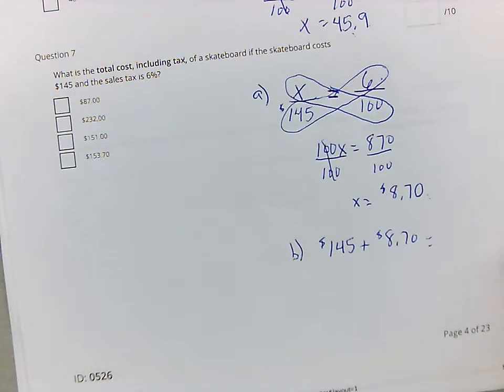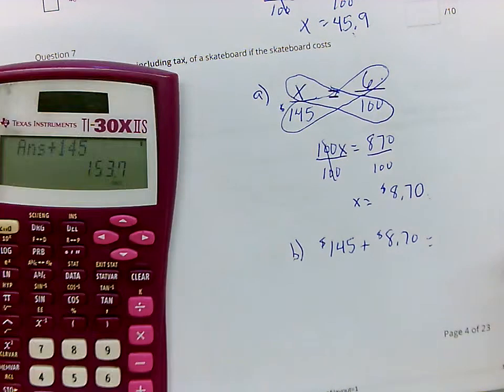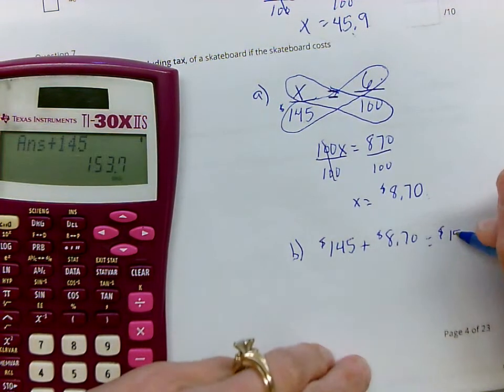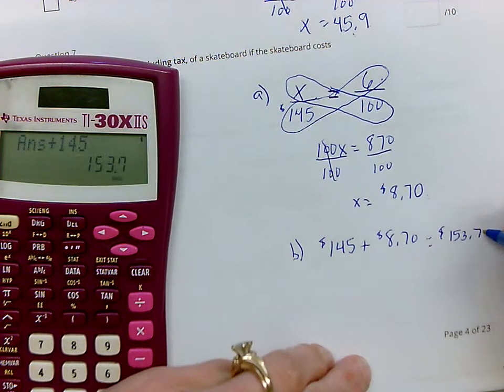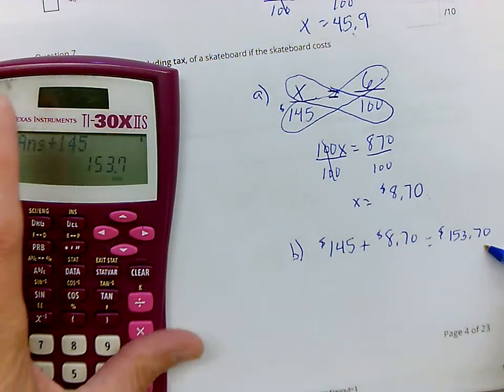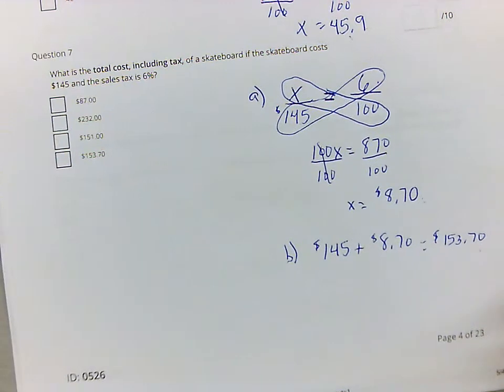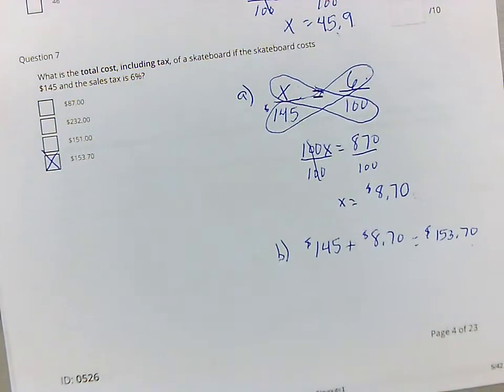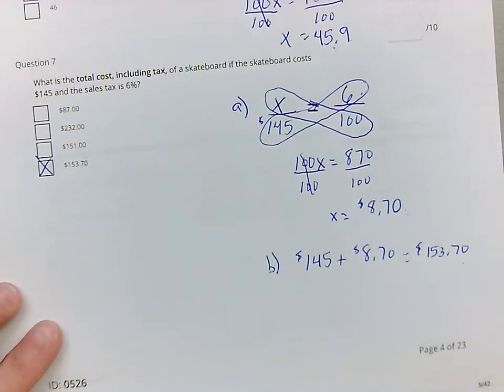And when you do, you should get $153.70. Total cost there. So $153.70. Final answer, total cost of that skateboard with sales tax at 6%.